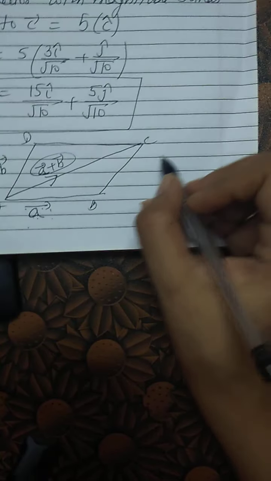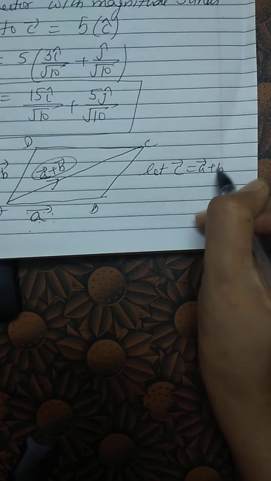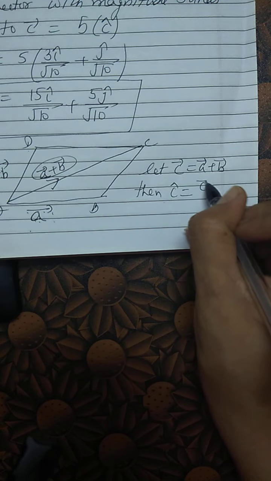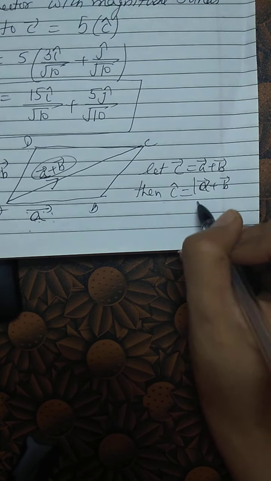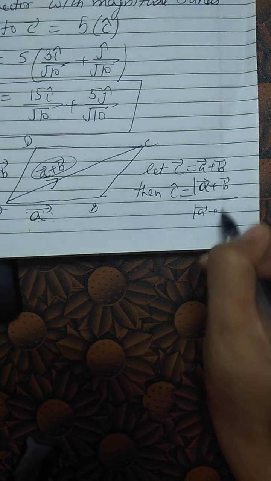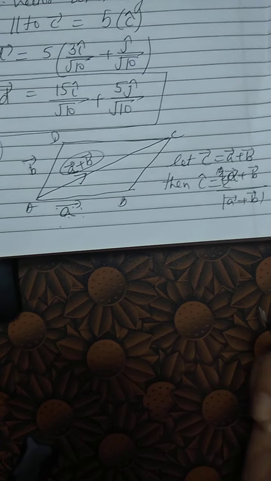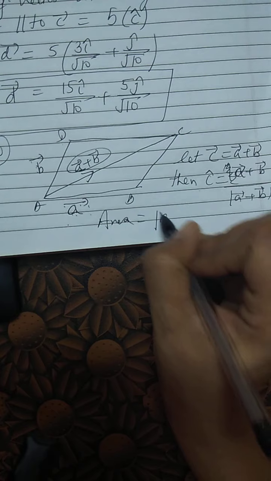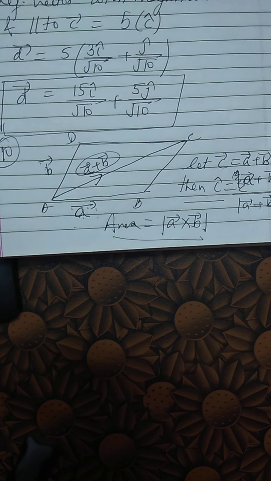So we will say let C vector equal A vector plus B vector, and then you people will calculate C cap. So C cap will be equal to A vector plus B vector divided by the magnitude of A vector plus B vector. Area we have already done. Area will be equal to the magnitude of vector A cross vector B. So both the things we will calculate here in sum number 10.